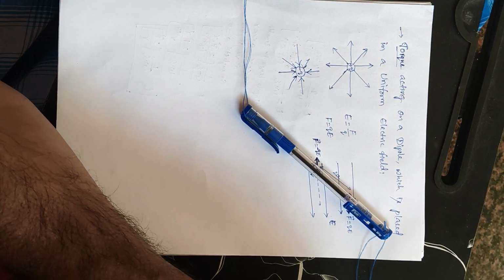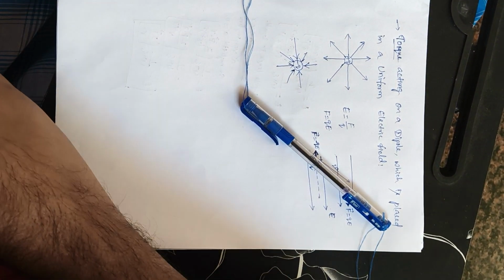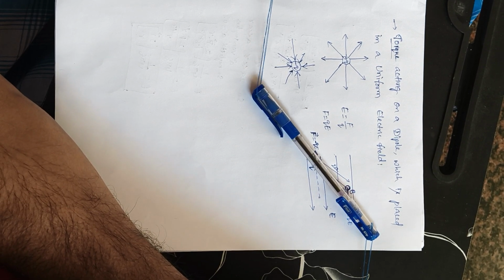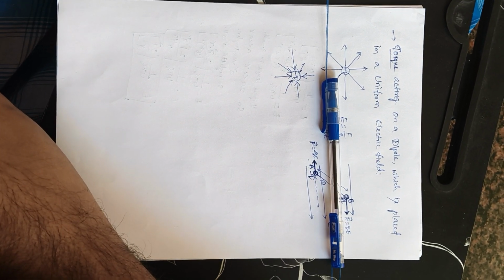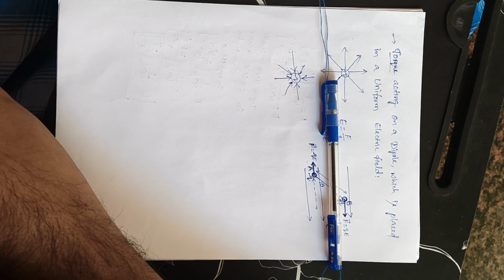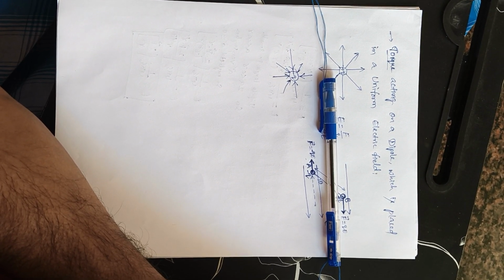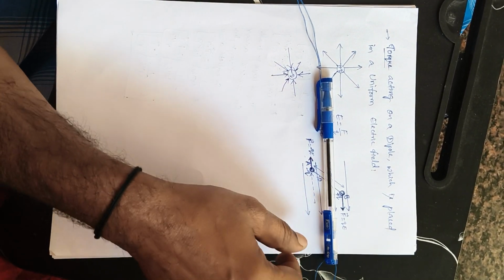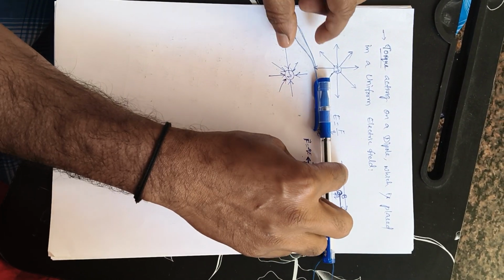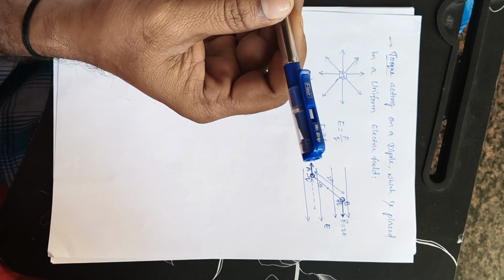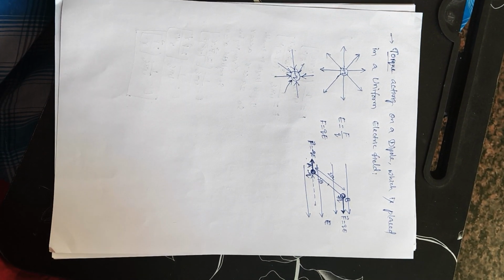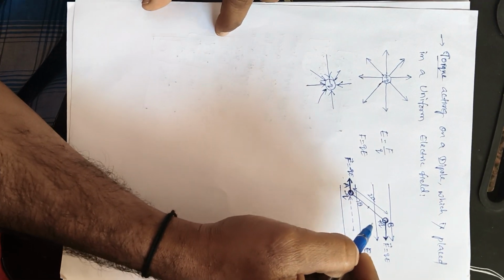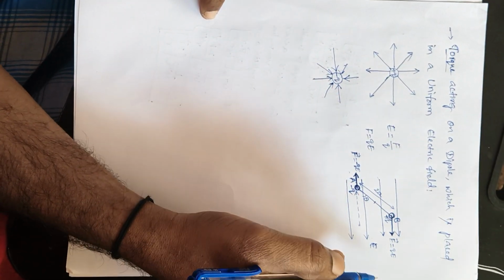One thread is acting in this direction, the other in that direction. Two forces are acting in opposite directions, which means the dipole changes or aligns into the direction of the electric field. So this couple of forces acting makes the dipole rotate, and that is called torque. So torque means a couple of forces acting on a dipole, due to which the dipole rotates.